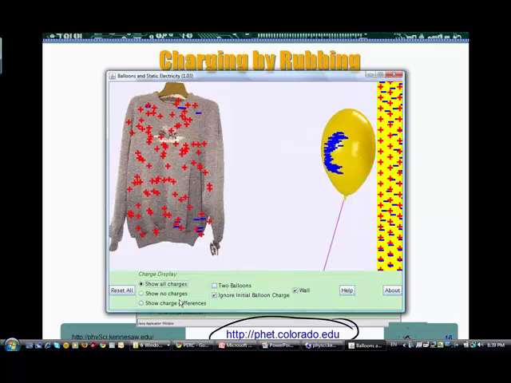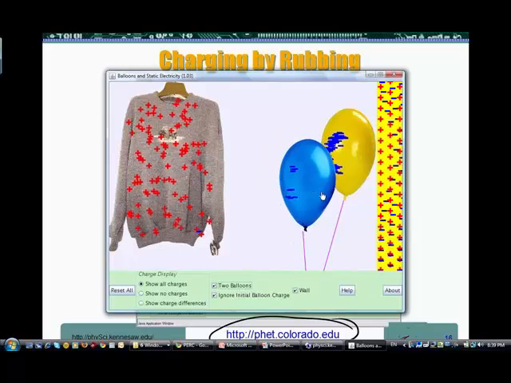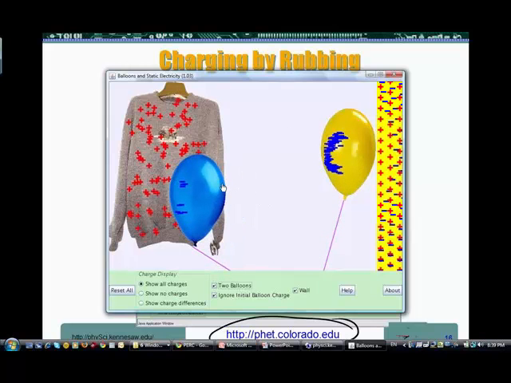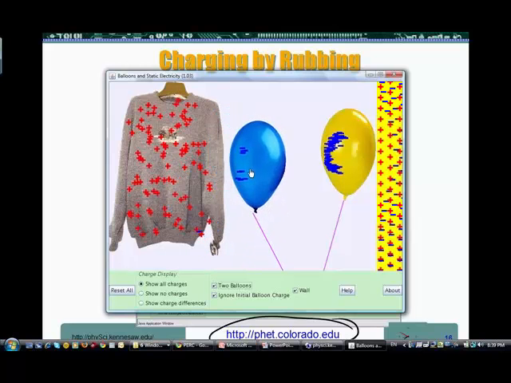Let's just play a little bit here. Let's have two balloons. So I have another balloon that's uncharged, and then I'm going to bring it here, and I'm going to collect some more charge, and you notice here, okay, see it repelled by the other one and attracted by the sweater in this case.